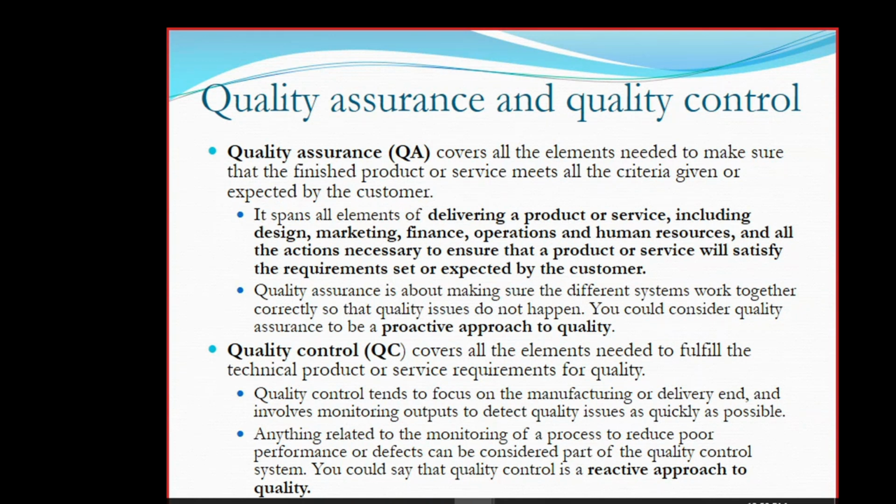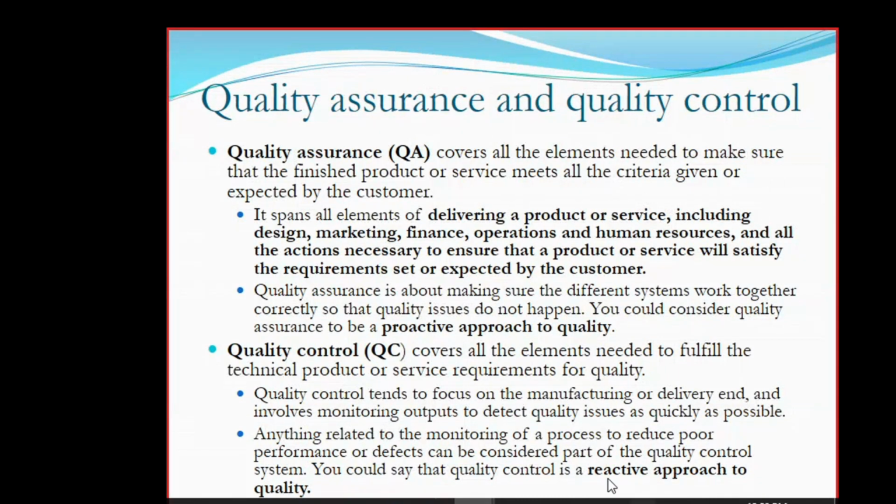So making sure that you have a good system where you are producing the right quality products according to the requirement. Now, the word control, quality control, it means you want to control the problems as they happen.